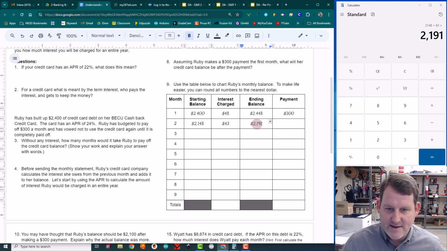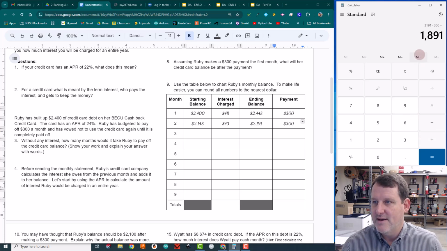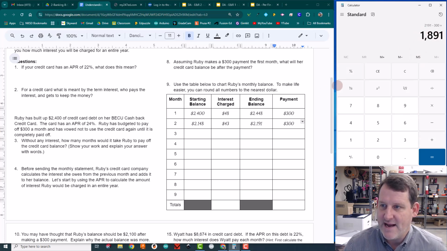So at the end of the month, that's what we owe. And at the end of month 2, we send in another check for $300. So we make a $300 payment. And that $300 gets subtracted from the $2,191. So I'm going to come over here and do minus $300 and equals, that gives me a balance of $1,891 at the start of month 3.